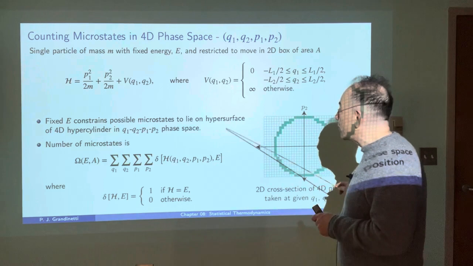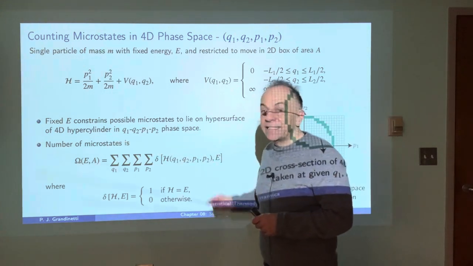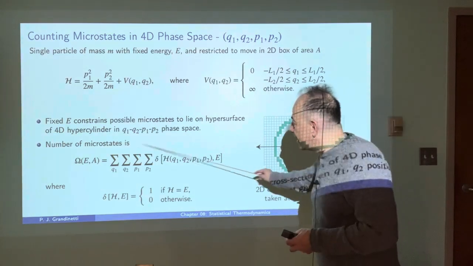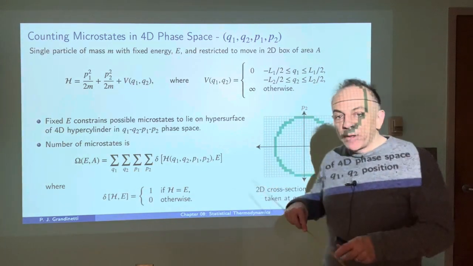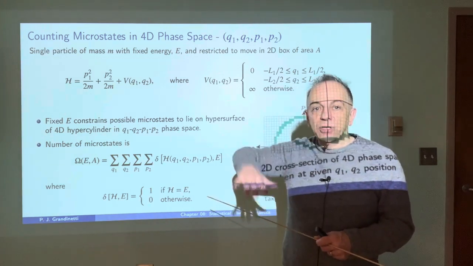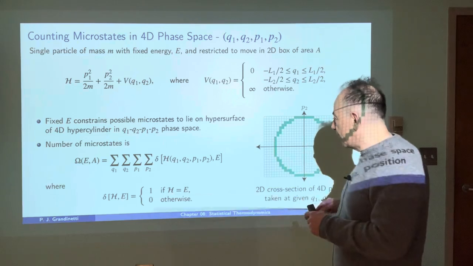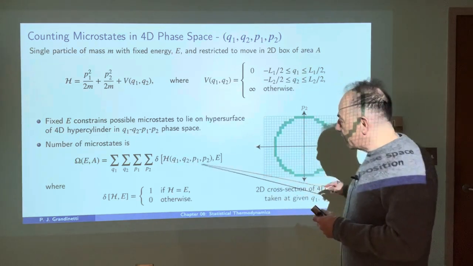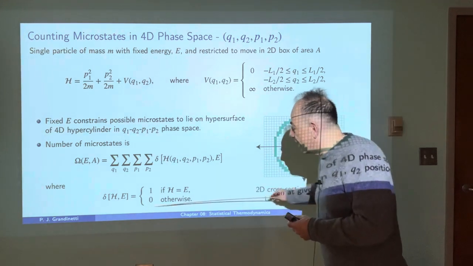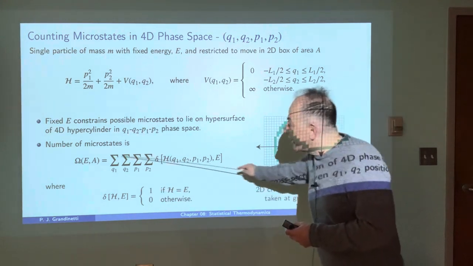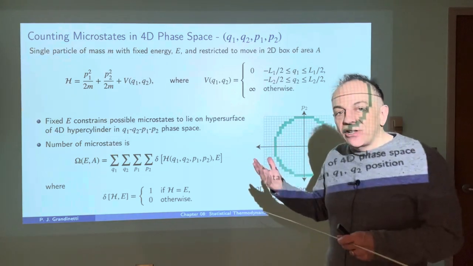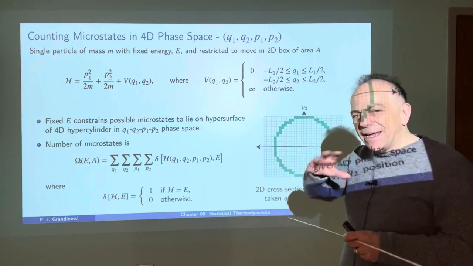In fact, that hypersurface is a hypercylinder in that 4-dimensional space. And I would do the counting just like I did before. I would do a summation over every Q1, Q2, P1, P2 in that grid of discretized cells, comparing H to the fixed energy, and again giving me either 1 or 0, and that would count all the cells that we have. But again, it's hard to visualize this 4-dimensional hyperspace and this hypercylinder.